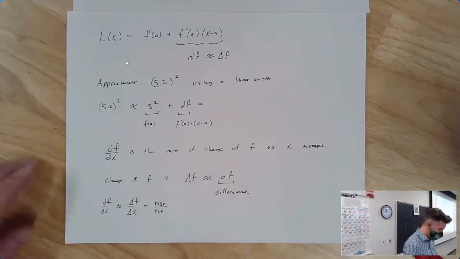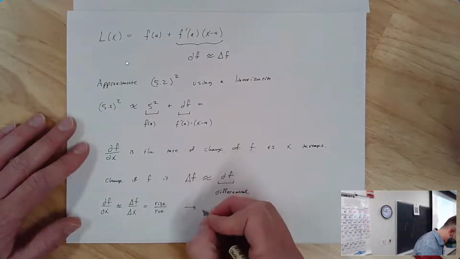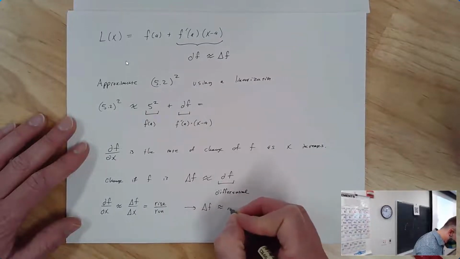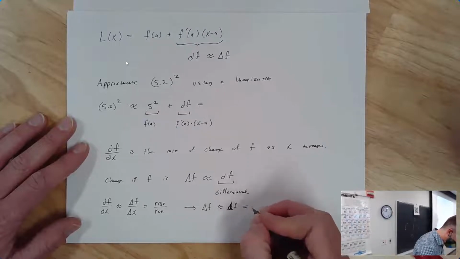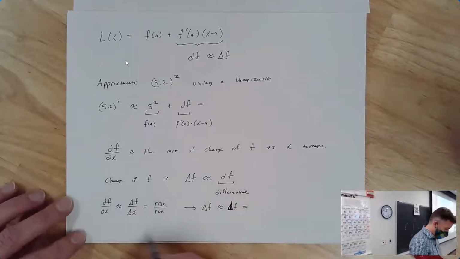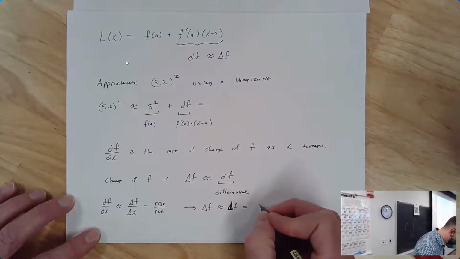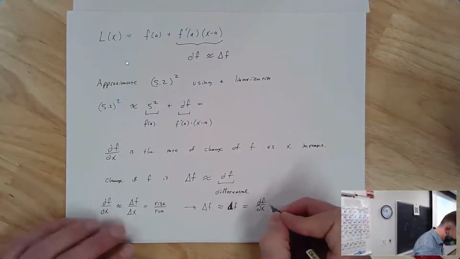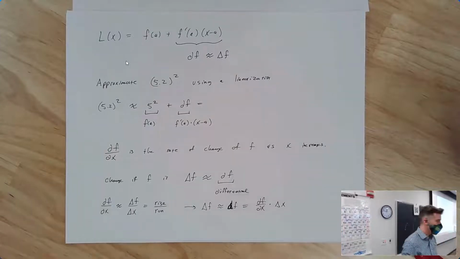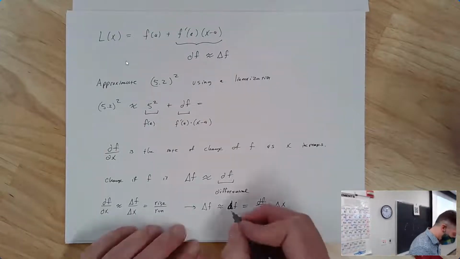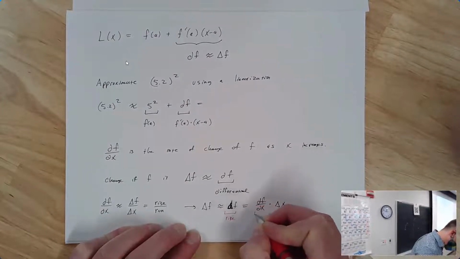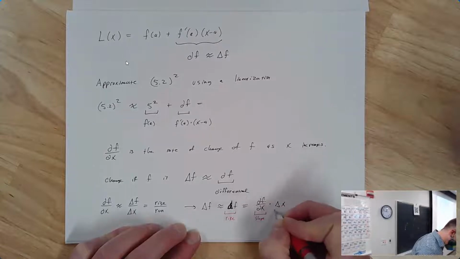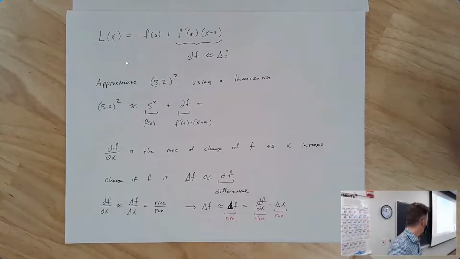And so if you're trying to approximate delta f with your df, it's going to be equal to the derivative times your run. Again, this is the rise, this is the slope, this is the run. And we know rise over run equals slope, so rise equals slope times run.